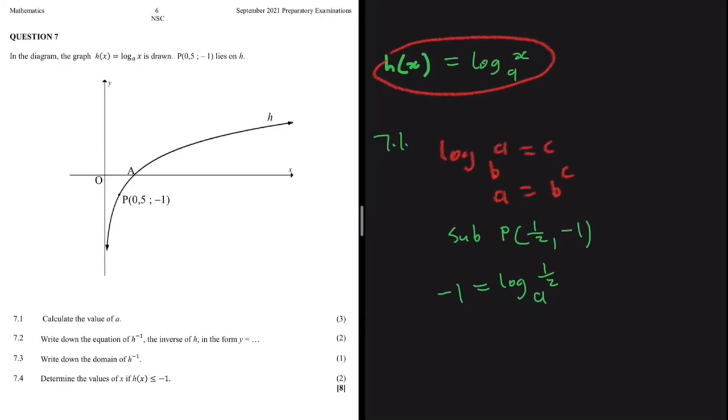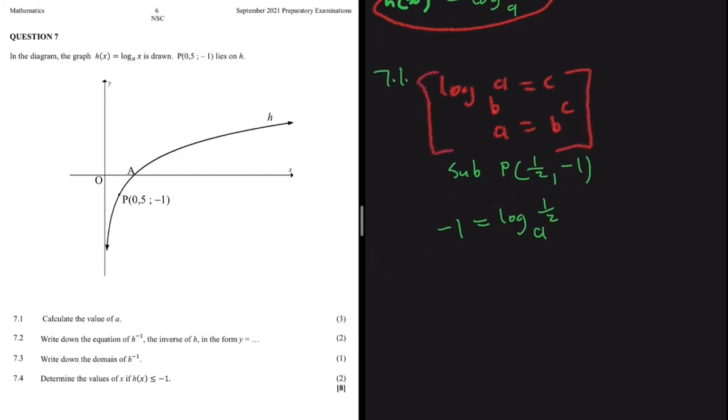Now it becomes extremely easy to see that after you substitute point p, you can find a with ease. So how do we find a? We are going to use this log rule that we're talking about. So now we can say that a to the minus 1 will equal 1 divided by 2, right? So how can we determine a? If we write 1 divided by 2 in such a way that it has an exponent of minus 1, then we can drop the exponents and equate the bases.